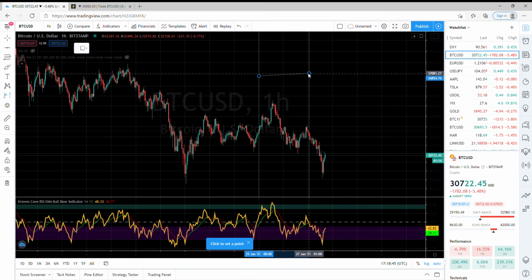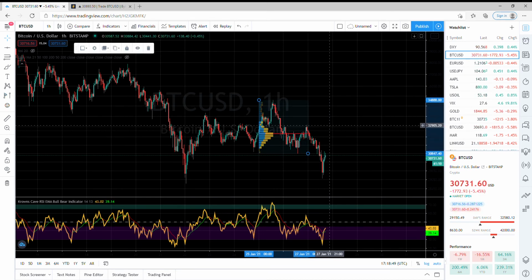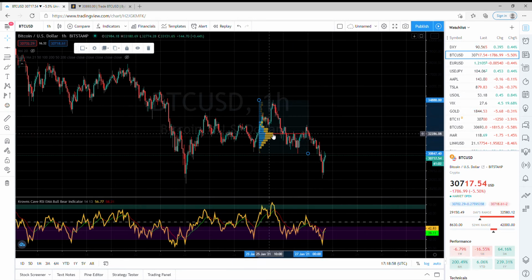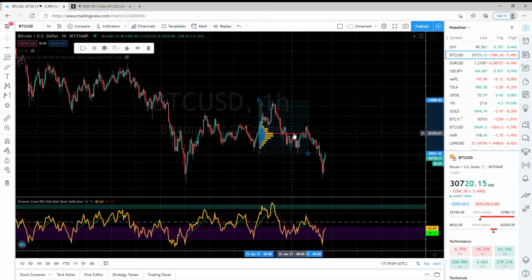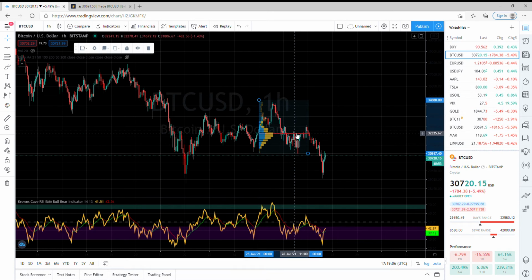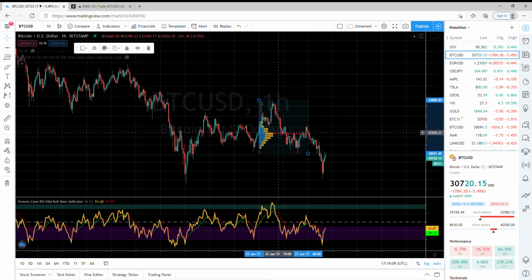So yesterday, the point of control was set around $32,305. That's the highest volume node that day, where it was most active, buyers with bigger buy orders or sellers with big sell orders coming at this level.